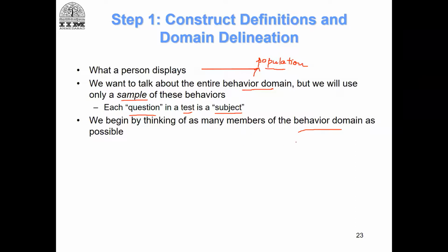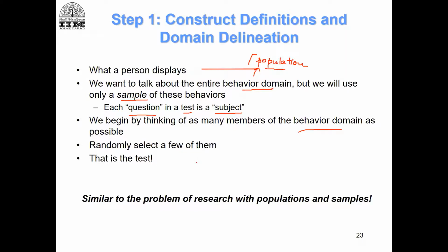So essentially, what are you going to do? You've got to think about what are all the possible elements that can go into this domain, right? And randomly select a few of them, and that becomes our test. So similar to the problems of research with populations and samples.